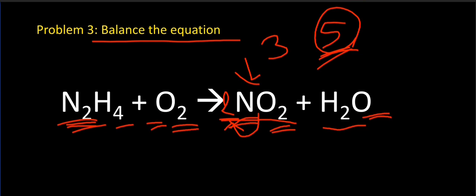So here we have 4 hydrogen, and on the product side we have 2 hydrogen. So we can easily solve this by putting 2 here. That will be 2 times 2, 4 hydrogen atoms on the product side. That will be equal to the reactant side. But when we are putting a 2, we are multiplying the whole compound H2O.